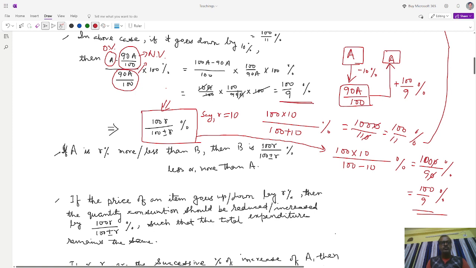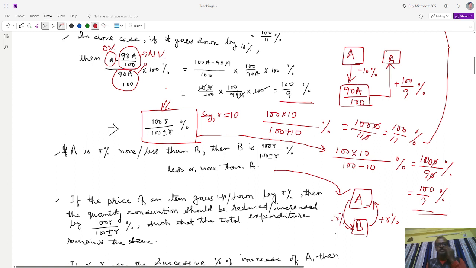If we draw the diagram, A is R% more or less than B. If more, then we should add R% to B, and if less, then minus R%.